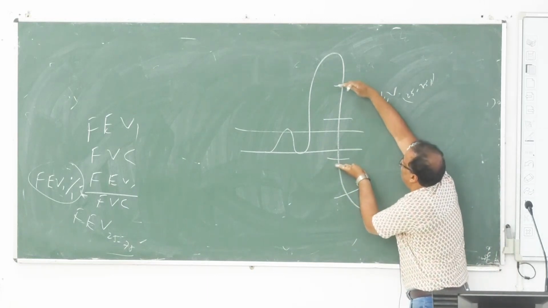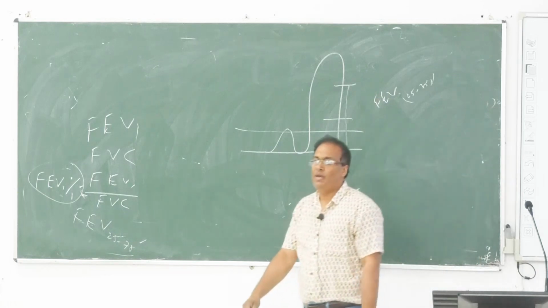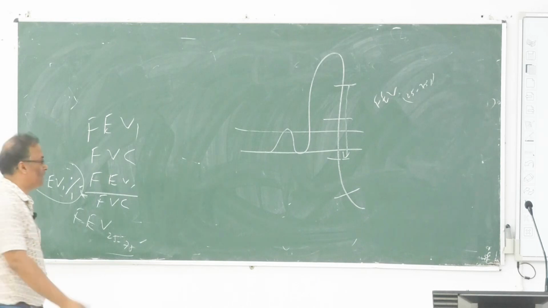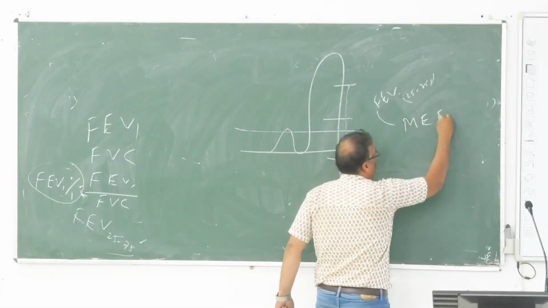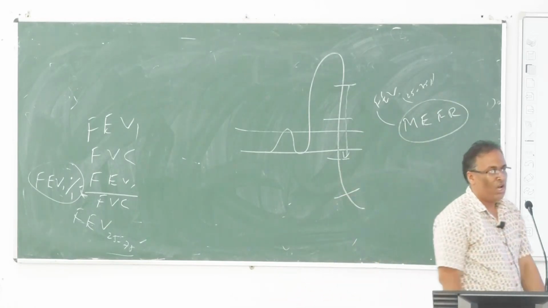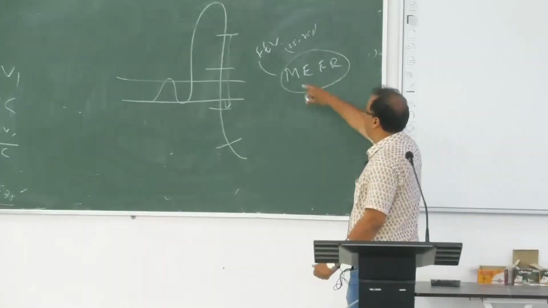It is a mean of this thing, the volume, the mean expiratory flow rate. This is also called mean 50%. This is normal.